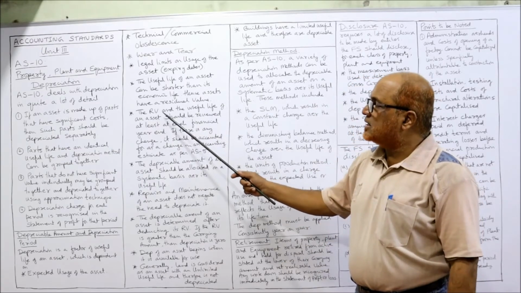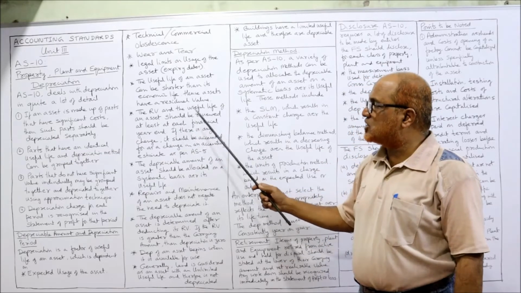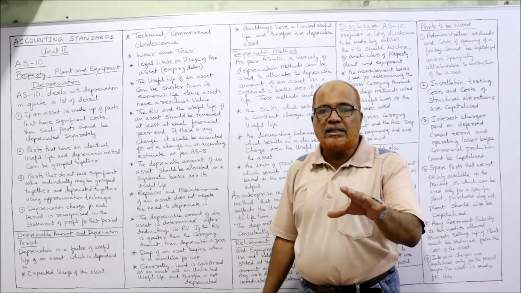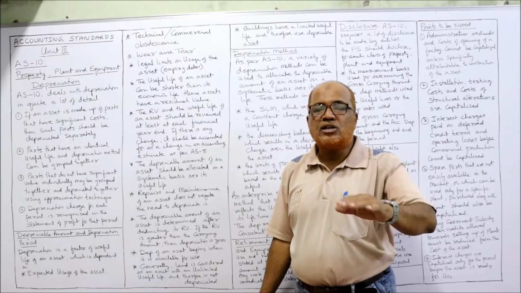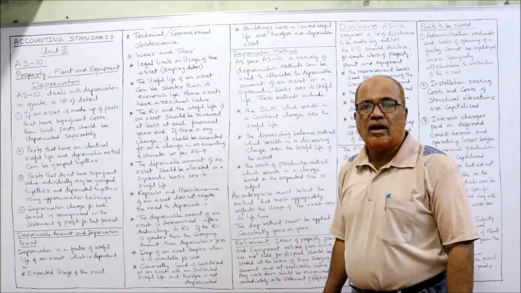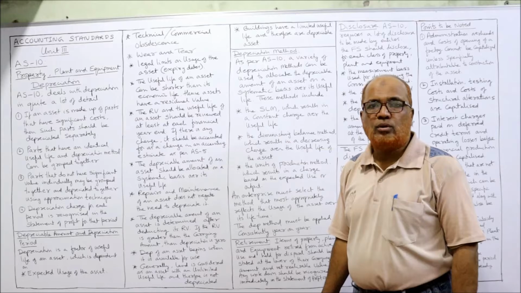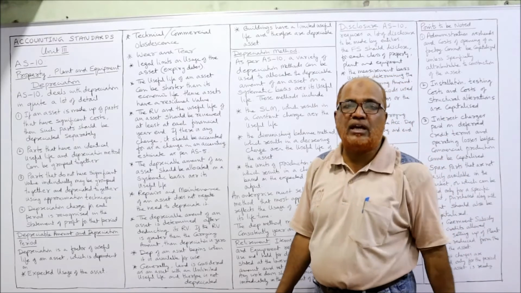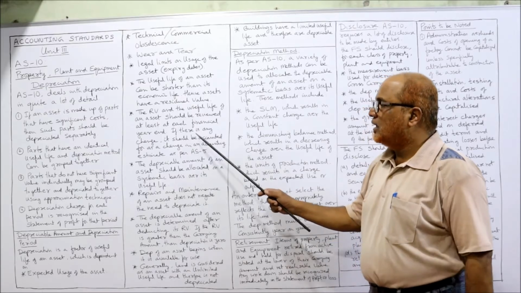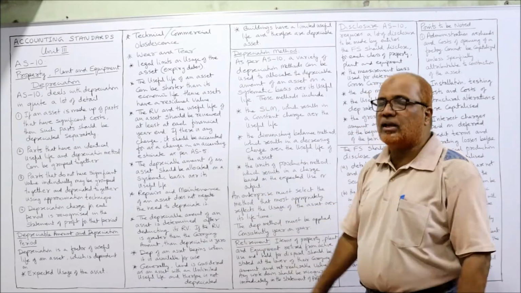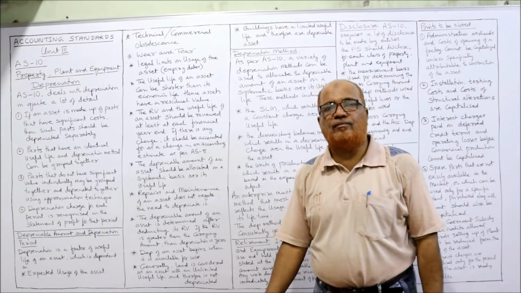Next, the residual value and the useful life of an asset should be reviewed at least at each financial year end. At the end of each year, it has to be reviewed how much useful life is still left and what the residual value would be. So it should be evaluated at the end of each accounting year. If there is any change, it should be accounted for as a change in accounting estimate as per AS 5.